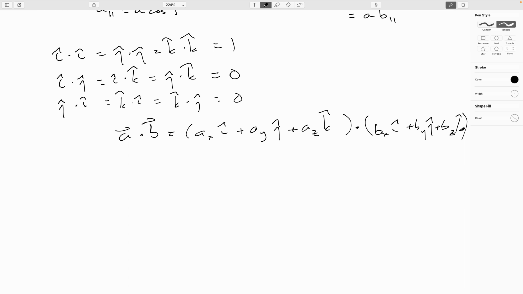Most of the cross products are going to give us 0, but let's just follow it through to be explicit just once. From the first 2 terms, you're going to have AX times BX, and then you'll have I dot I. I just pulled out the AX and the BX because they're scalars, so I brought them to the front and left the I dot I to fend for itself.